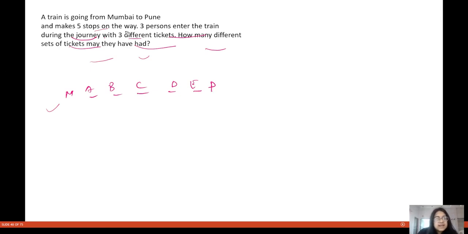So now it is saying a train is going from Mumbai to Pune and makes 5 stops on the way, and 3 persons enter the train during the journey with 3 different tickets. How many different sets of tickets may they have had?